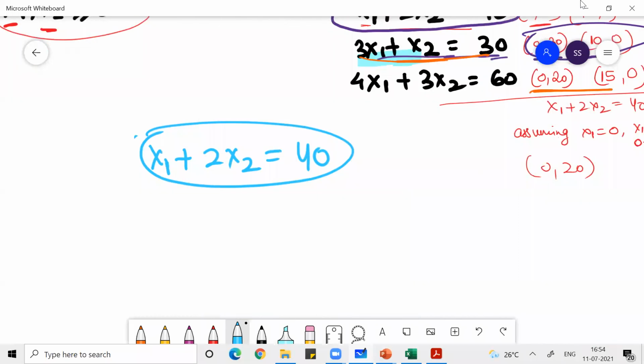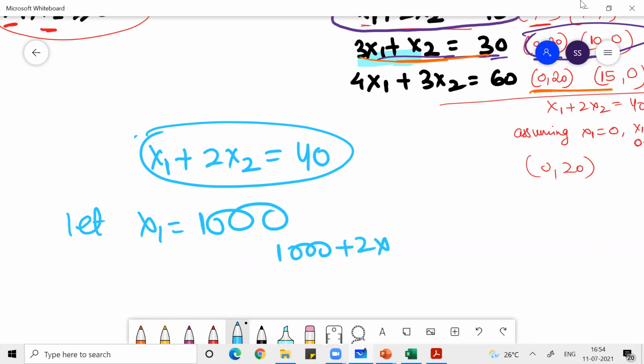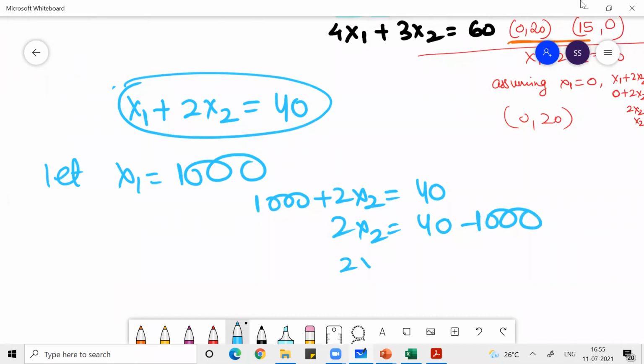Please remember one thing, that this equation has infinite solutions. You put any value of x1, let x1 be 1000. Then you can find the value of x2. 1000 plus 2x2 is equal to 40, so 2x2 is equal to 40 minus 1000, which is minus 960.